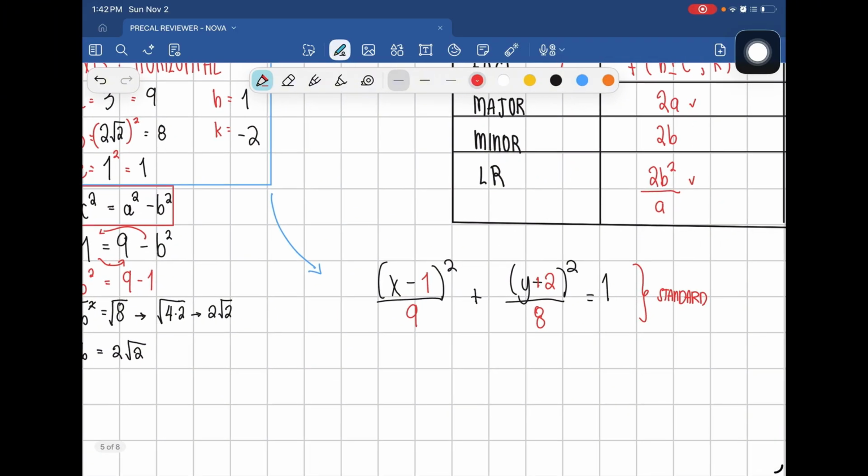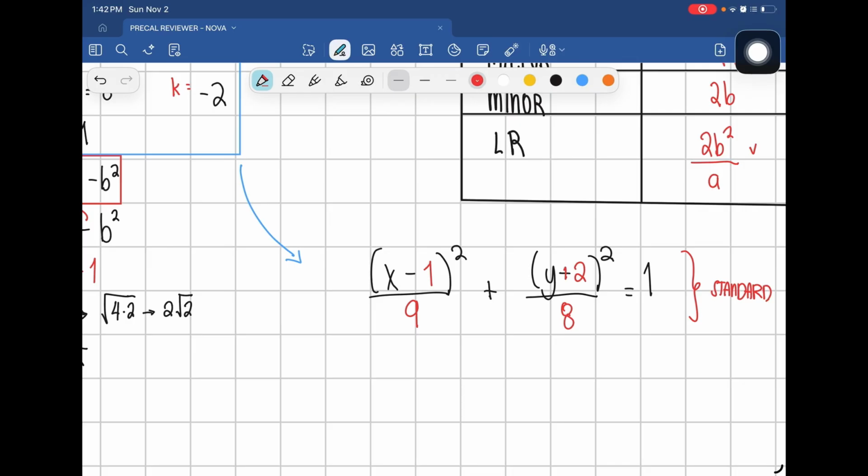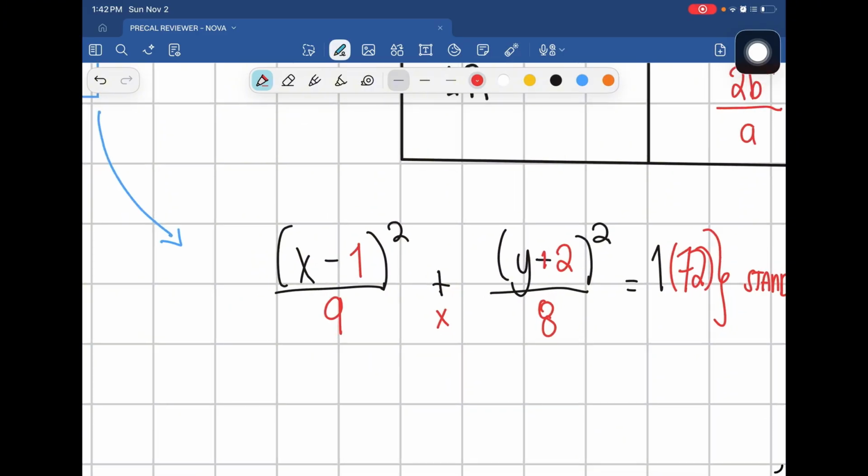However, we want to find the general equation, and in order to do that, we first have to remove the fraction, or the denominator, by multiplying both sides by the least common multiple of 9 and 8. The least common multiple of 9 and 8 is 9 times 8, which is 72. Now let's multiply both sides by 72.